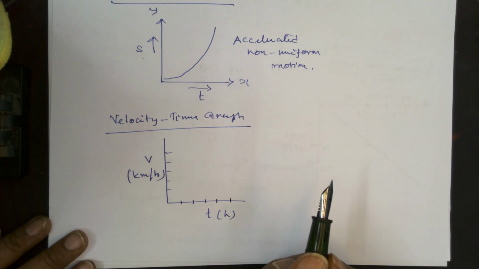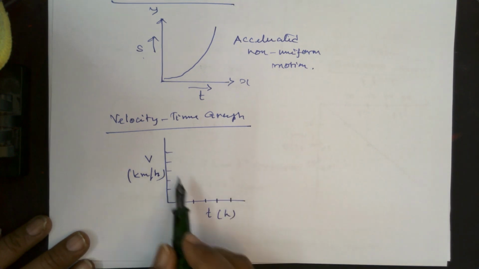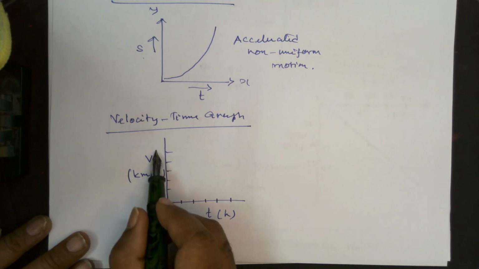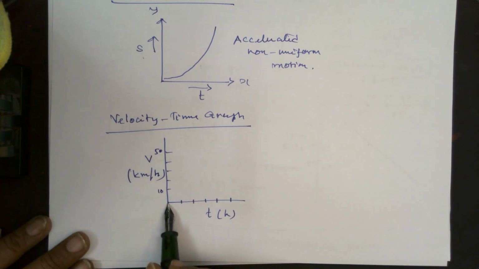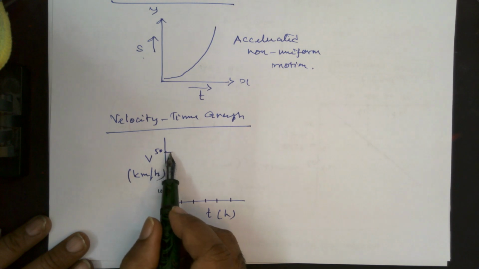Right. Now, an object moves with uniform velocity. Means, for example, this is 10, 20, 30, 40, 50 kilometer per hour. It starts from 0 time, but its starting speed itself is 50 kilometer.